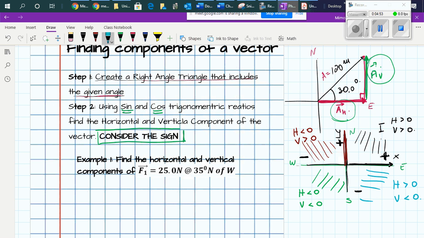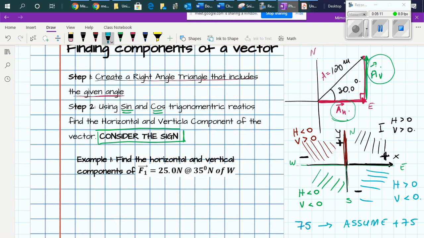So in math, when we say 75, we assume that it is positive 75.